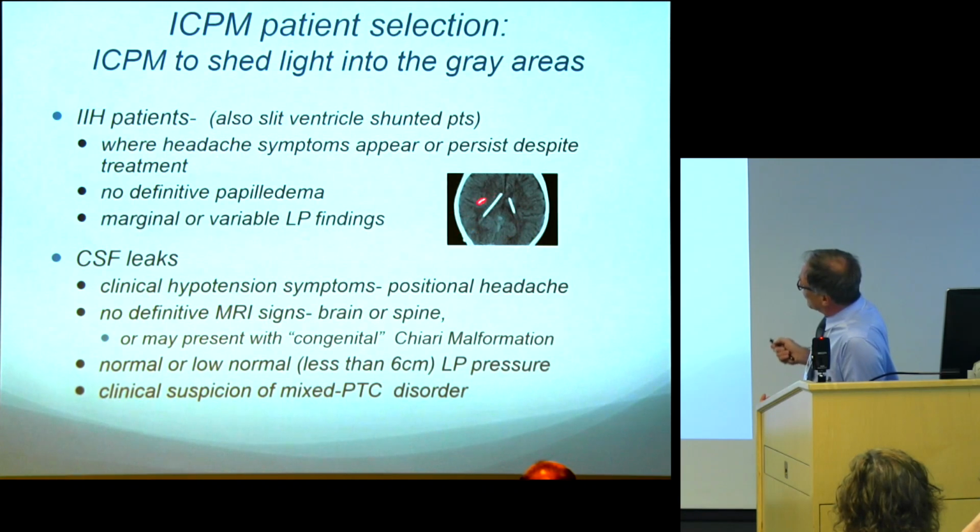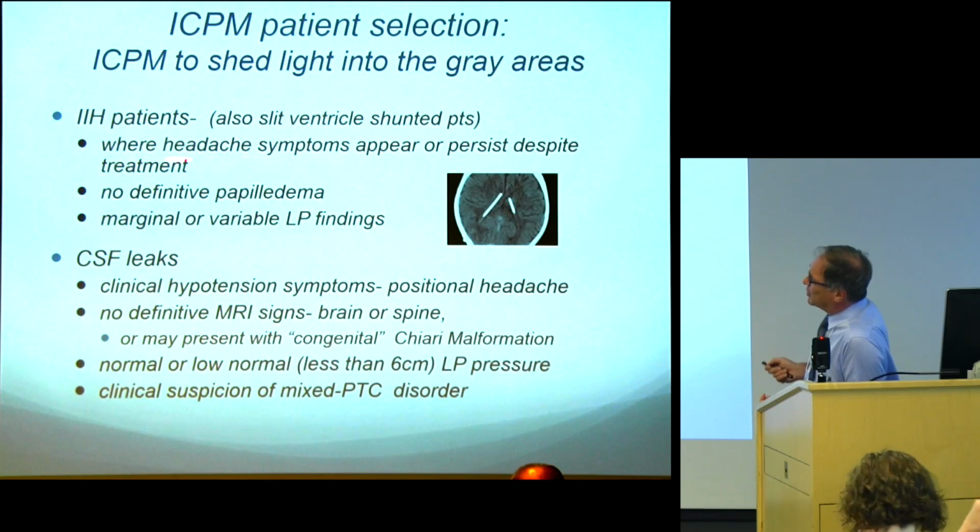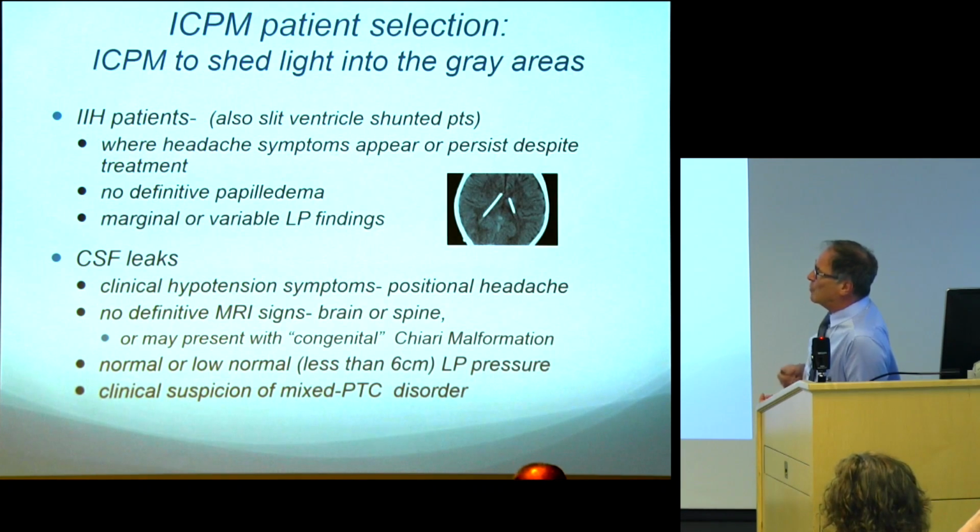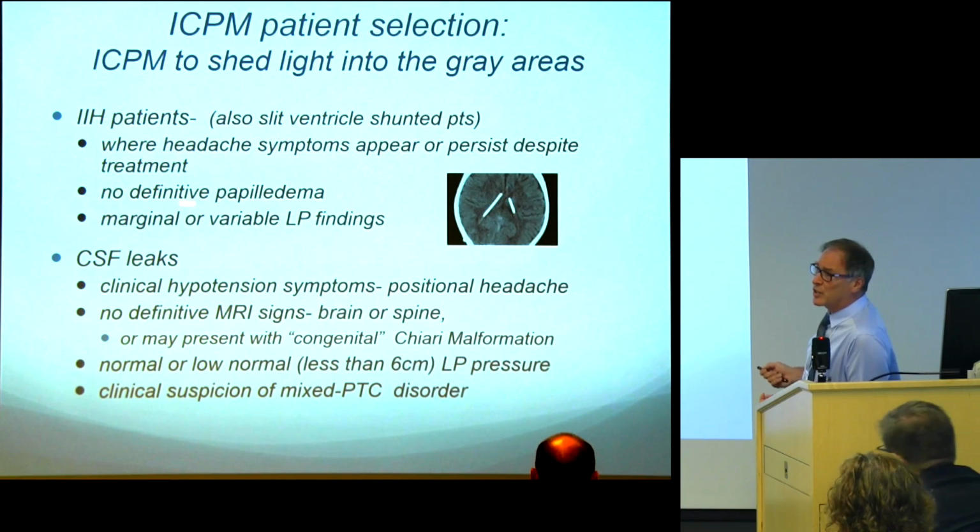Some of them actually, of course, slit ventricle syndrome is another situation. But if there's no definitive papilledema, or if their LPs from the past are marginal, in the sense that their technique might have been suboptimal, or we don't know it, or also if the pressures are within the 20s or in a high normal range, then we don't know if they need their shunt revised or if they need a shunt at all. And we need better pressure information.